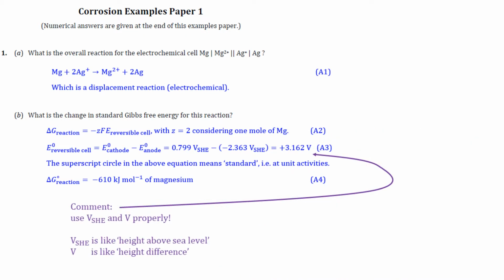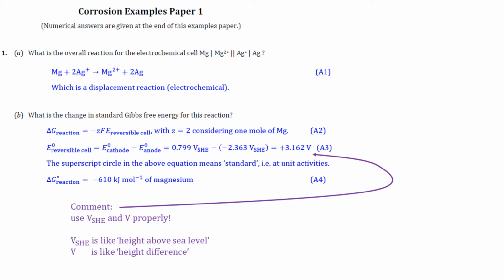Now, please note how I have used the notation of volts and volts SHE in equation A3, because this is something students don't necessarily get right, and it would be better if they did.